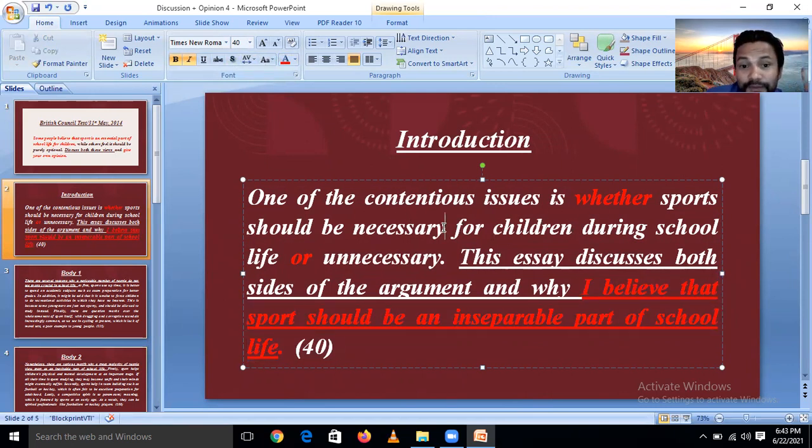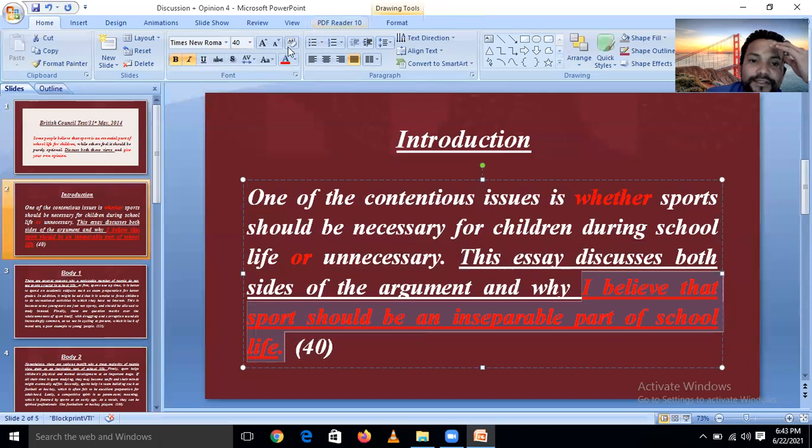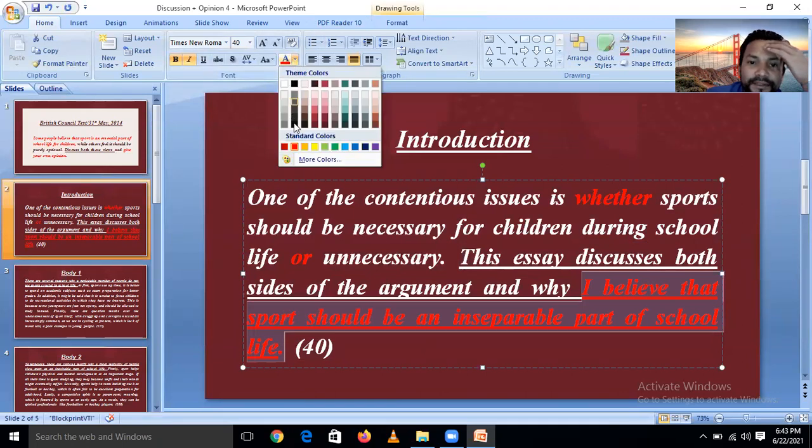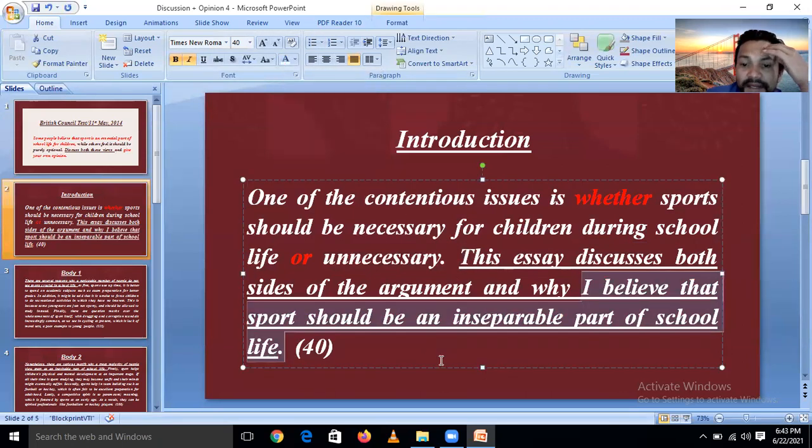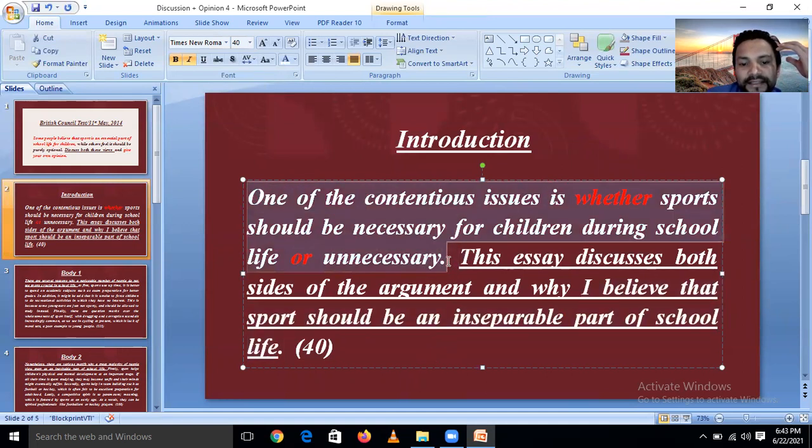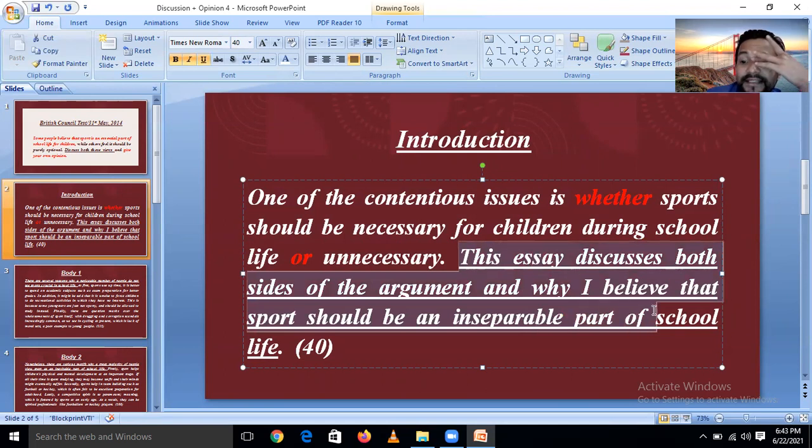It should be definitely compulsory. So two sentences. The first sentence paraphrases the question, and the second sentence gives the outline sentence and your opinion. This is how the task response is done.